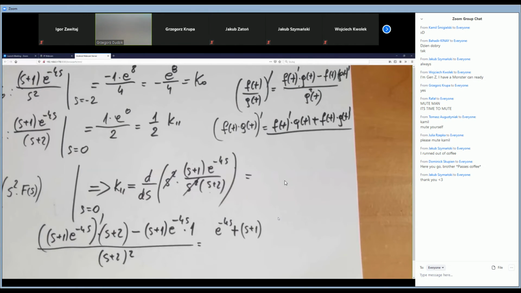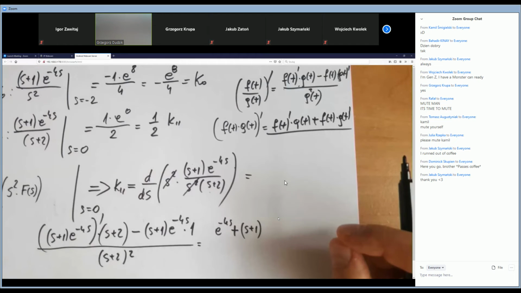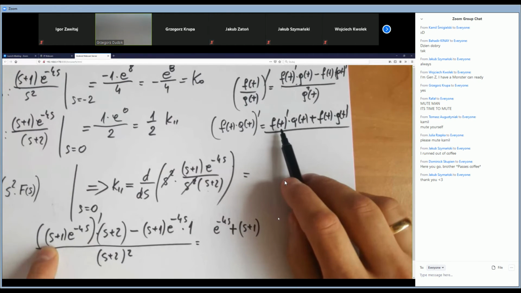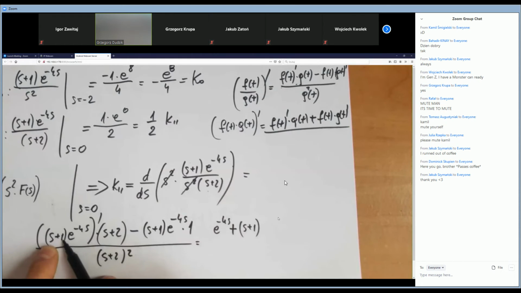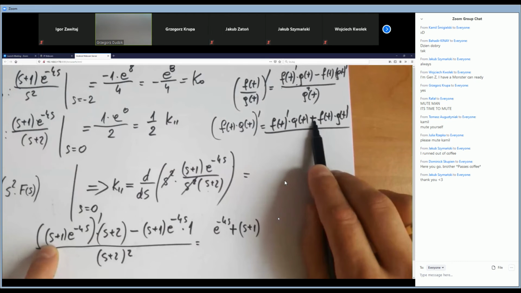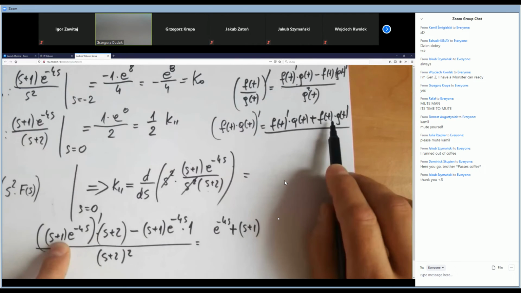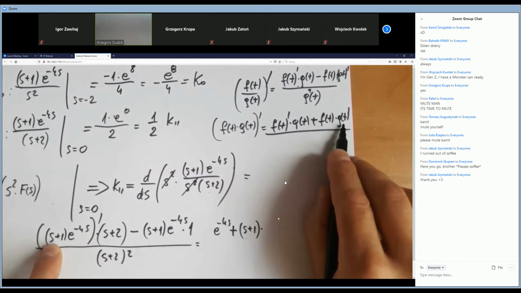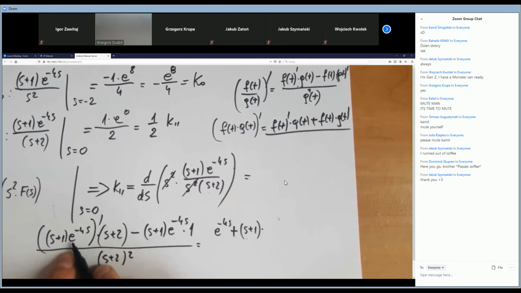Thank you for it. That's why we've got the f(t) prime function from s plus 1, it is 1 times e to minus 4s. So this is it. Plus the f(t) function in our case, s plus 1, times the derivative of the second one. The derivative of e, yeah, how many is it?